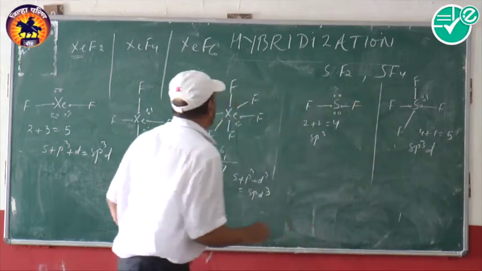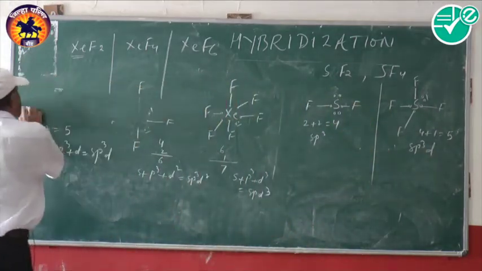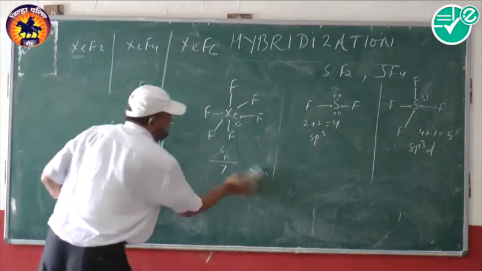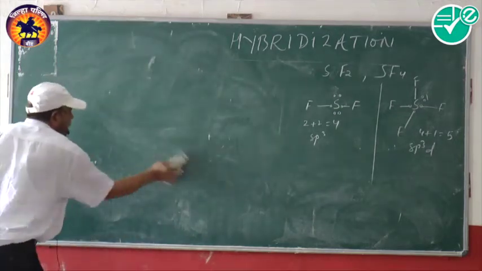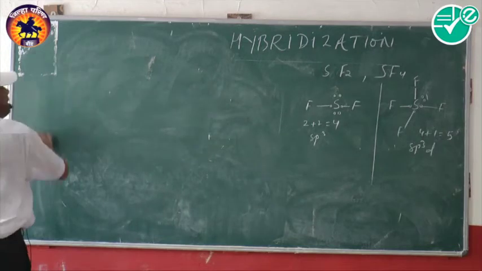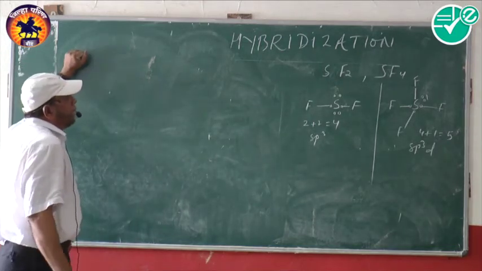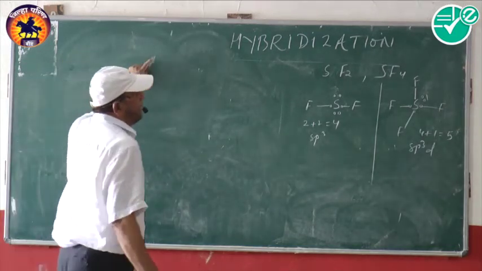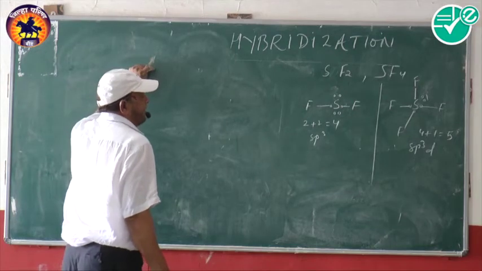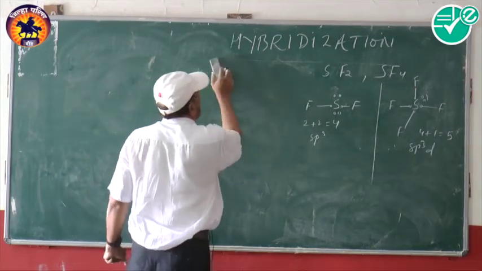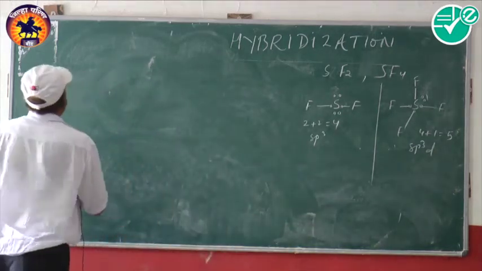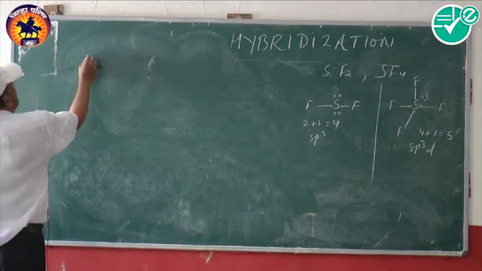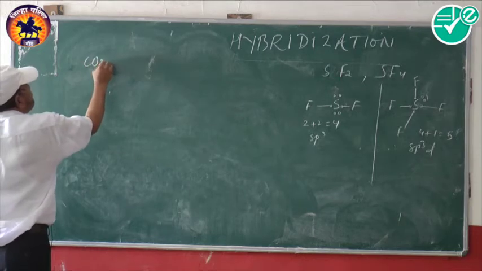Okay, so in this method you can obtain the type of hybridization very easily, but remember only the central atom takes part in hybridization, and pi bonds do not take part in hybridization, and for hybridization pi bonds do not count.